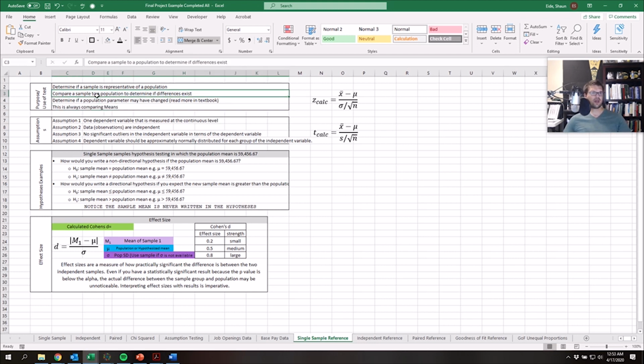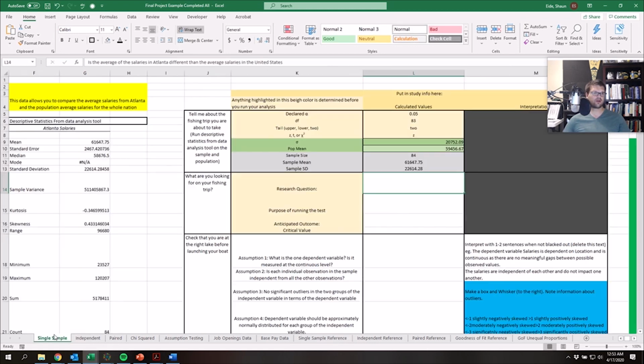So what I'm looking at is I'm thinking, hey, I think it's comparing a sample to a population to determine if a difference exists. So I'm just going to copy this, and I'm going to come back over here, and I'm going to paste it right in here.